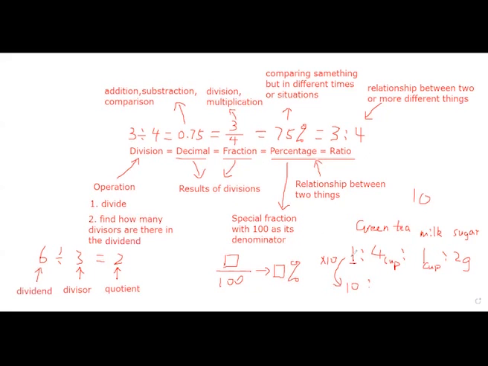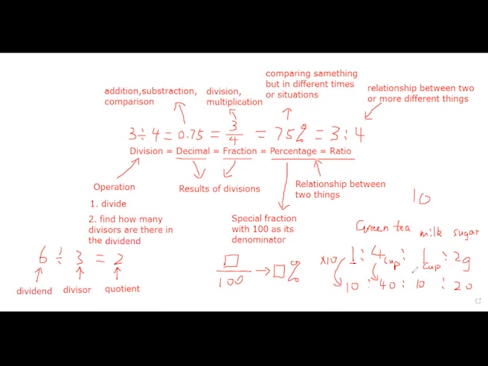The relationship between 1 and 10 is times 10, so we keep all the numbers in the same relation. So 4 cups now increase to 40 cups. Then milk, 1 cup increases to 10 cups, right? And 2 grams of sugar is now 20. See here, this is how we find the ratio.